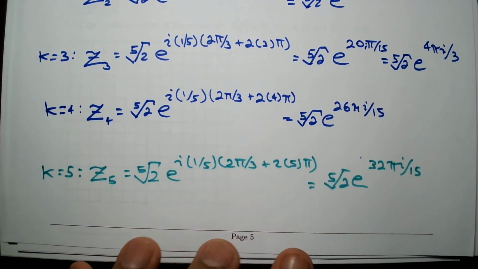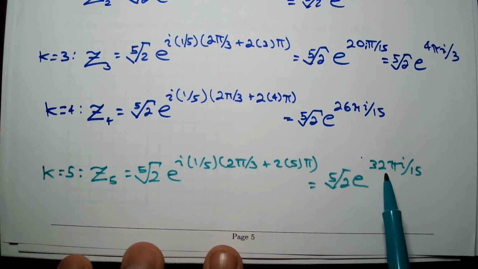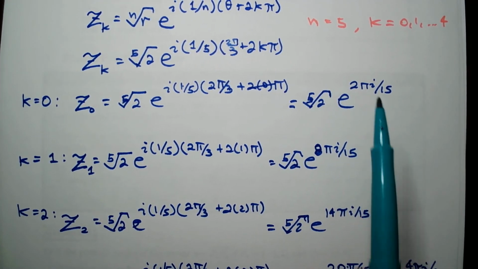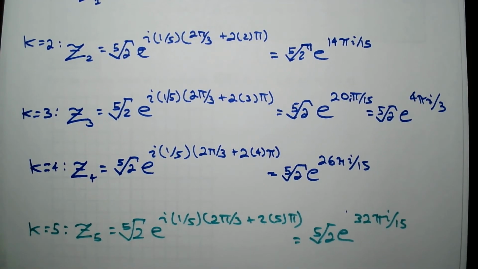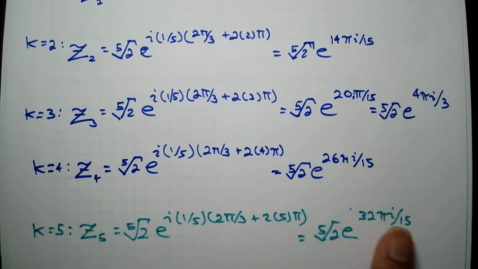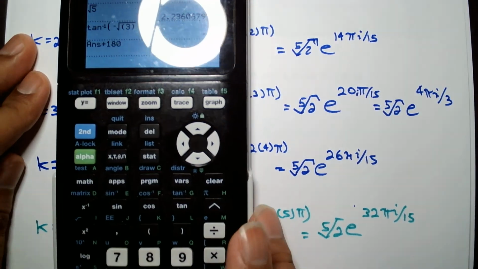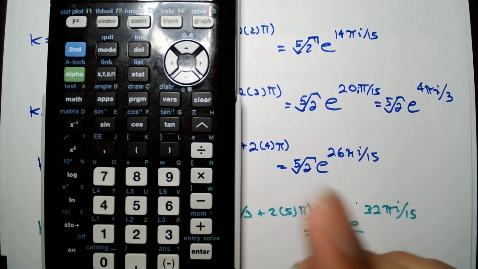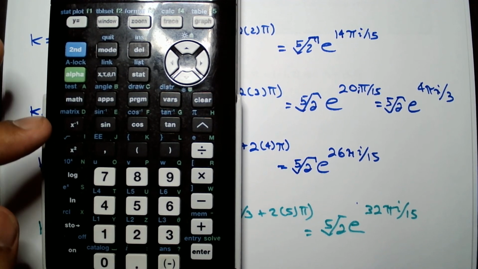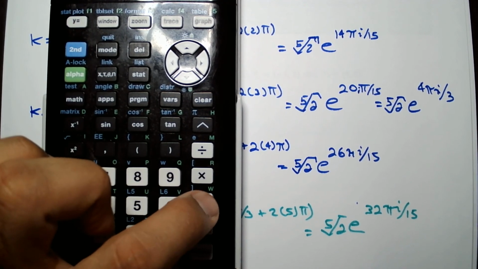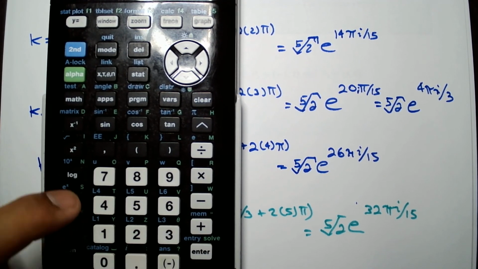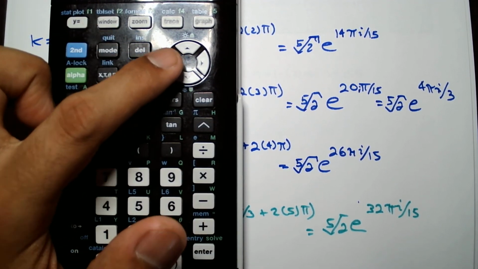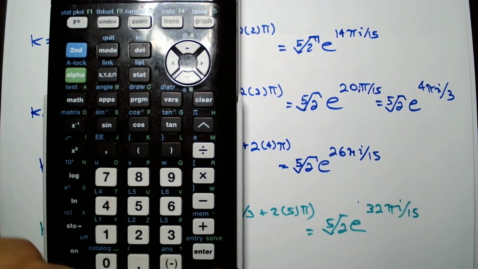But wait a minute. 32 pi over 15, isn't it the same as 2 pi over 15? Well, how do we know? Well, 32 over 15. I'm going to exclude the pi, 32 over 15. And then I'm going to subtract 2 pi. Actually, let me clear the pi.